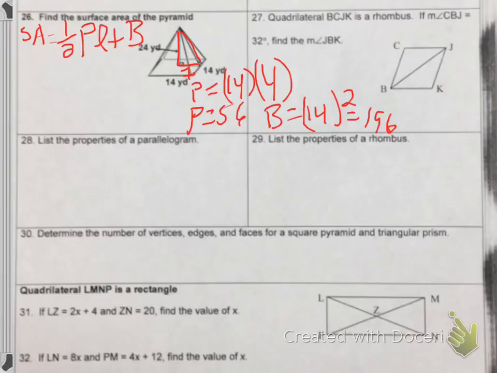Then 7 squared plus 24 squared equals C squared.